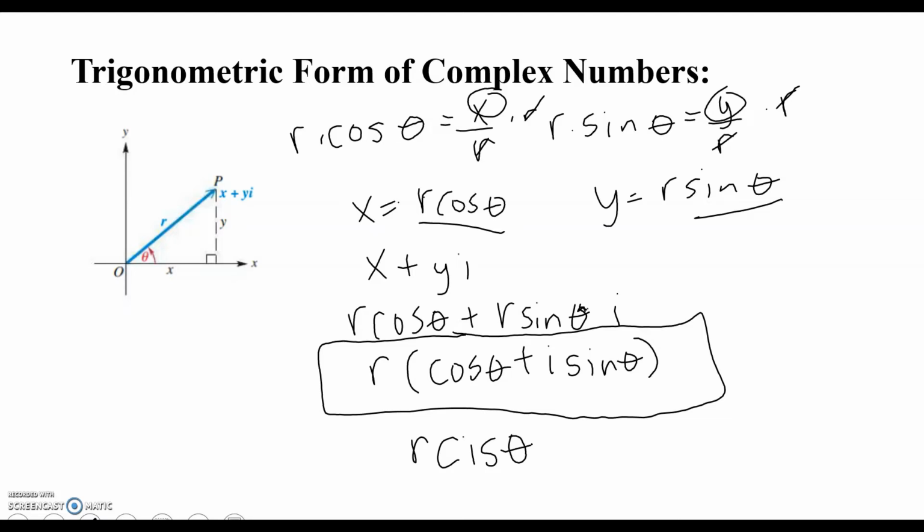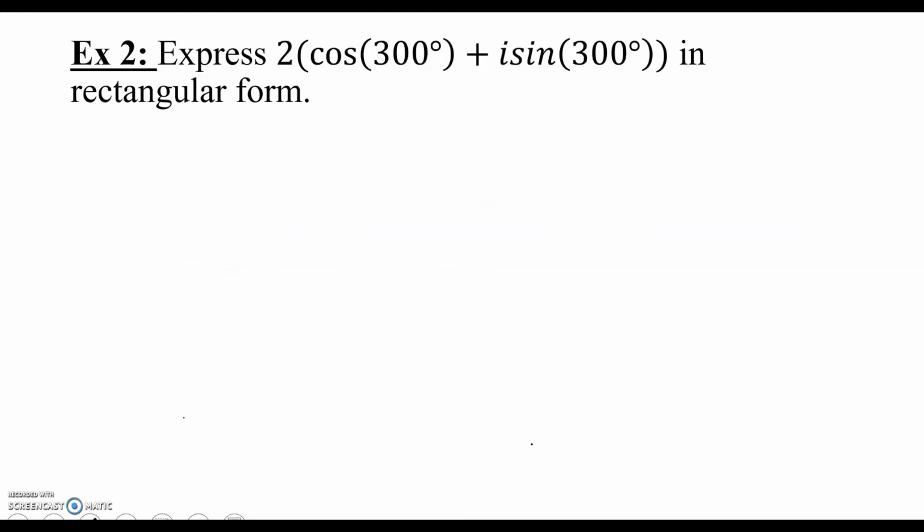Okay, let's look at an example. We want to express 2 cosine of 300 degrees plus i sine of 300 degrees in rectangular form. Remember, rectangular form is x plus yi or a plus bi, which we've been used to seeing as well.